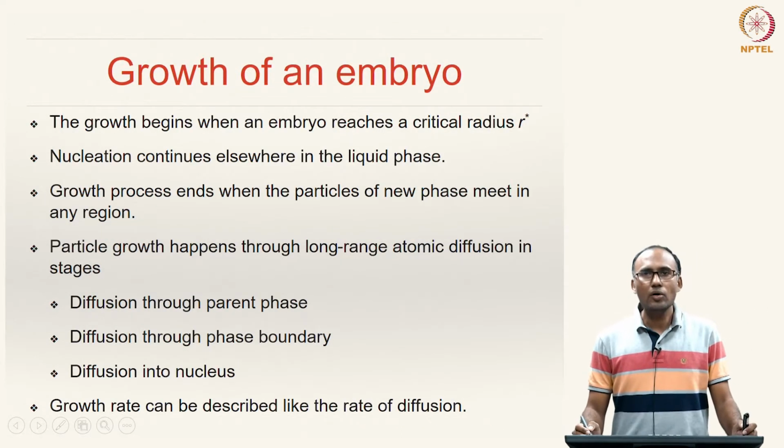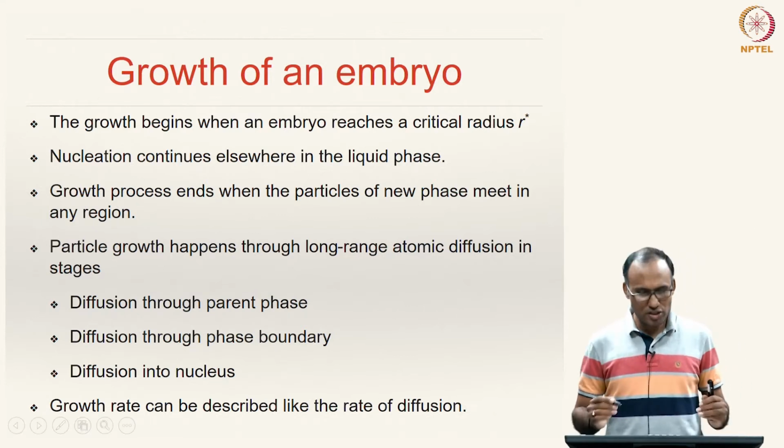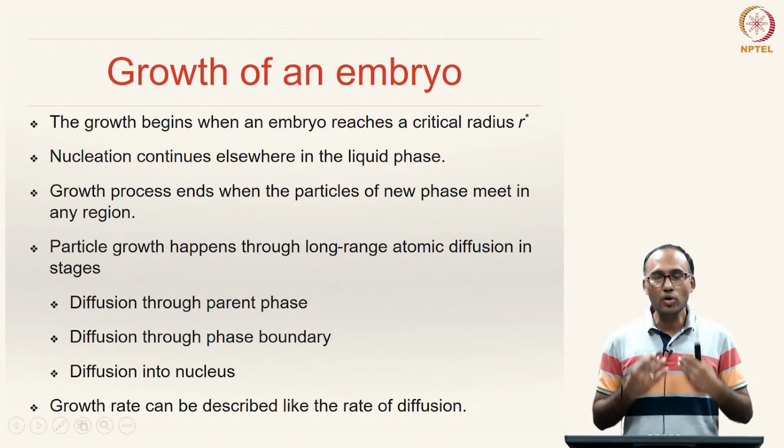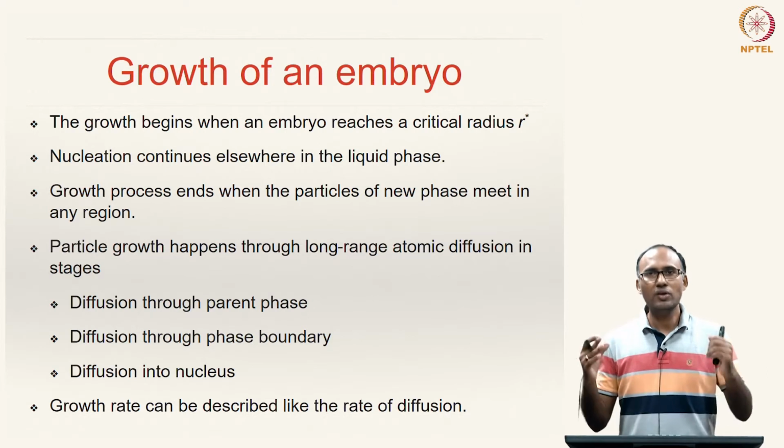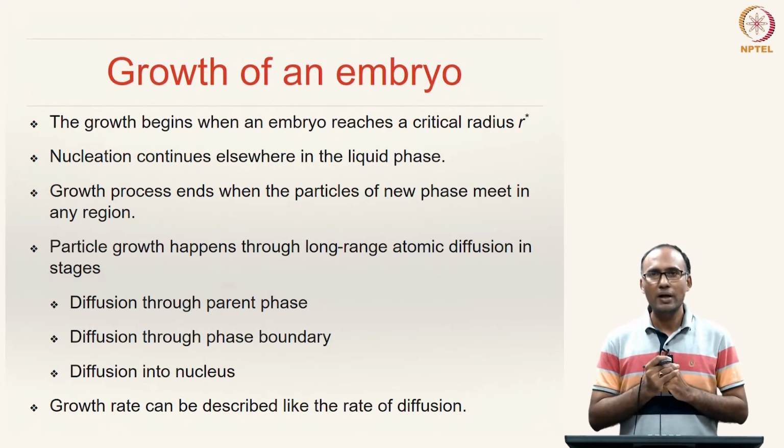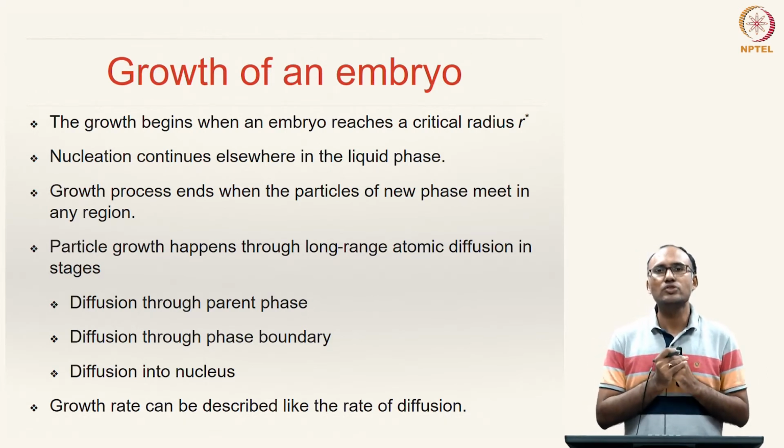All right. So, having now understood the concept of nucleation and the two different types of nucleation, homogeneous and heterogeneous, and the nucleation rate, that means the rate at which nuclei are forming in these two different types of nucleation, now, once you have certain nuclei formed, the next step is growth of these nuclei, right.